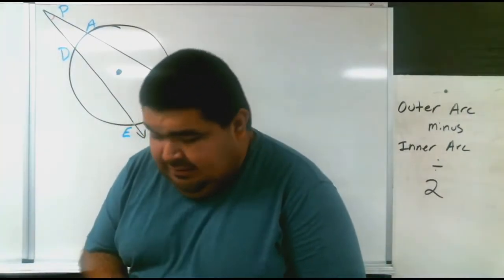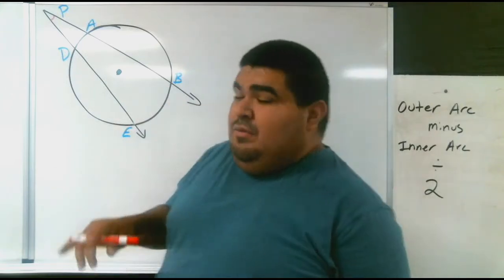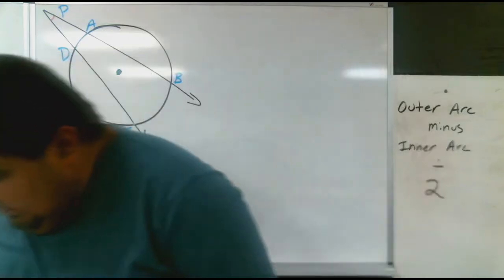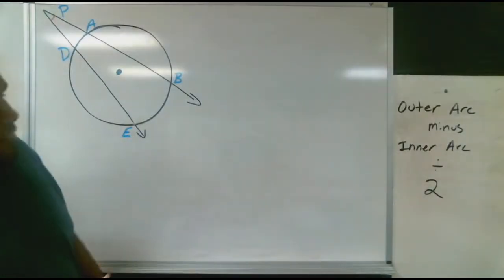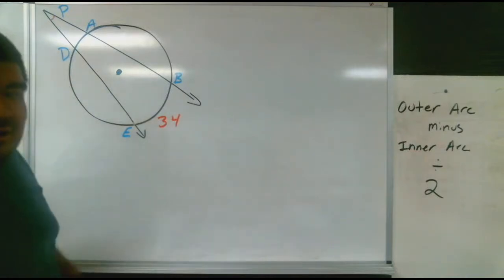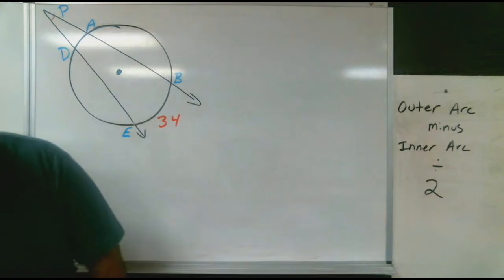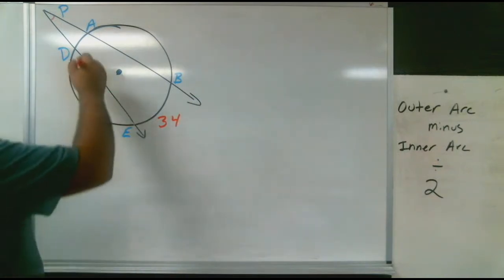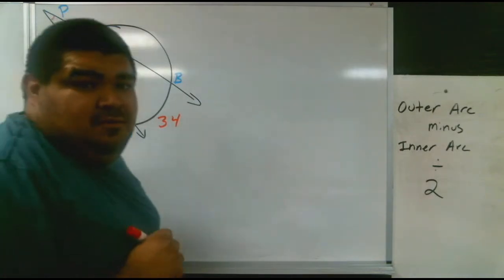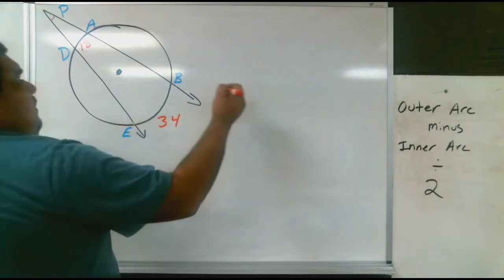Let's say that the outer arc, which in this case is BC, is 34 degrees. The inner arc, which is AD, is worth 18 degrees. We have to find vertex P or angle P.